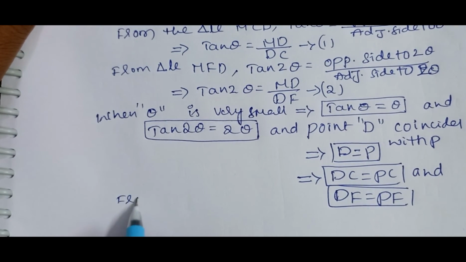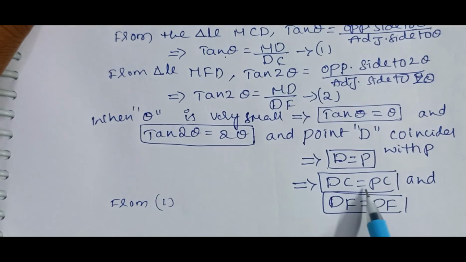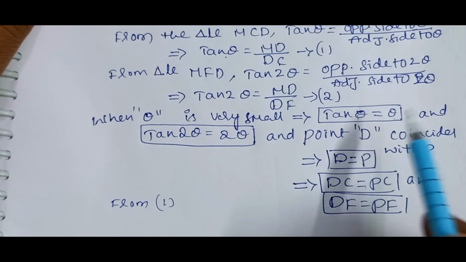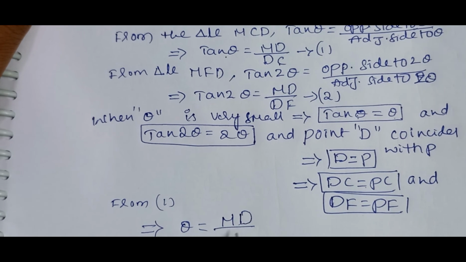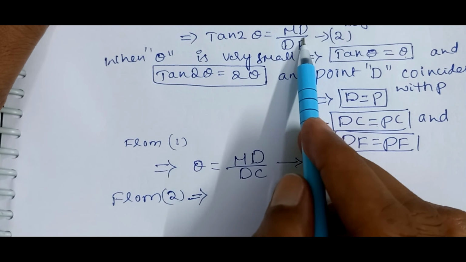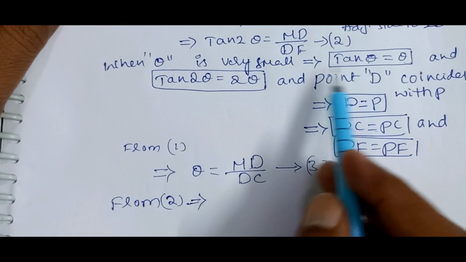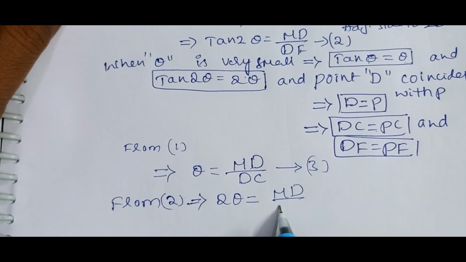So from equation 1, tan theta is MD by DC, and DC means PC. Instead of tan theta we can take theta, so theta equals MD by DC, equation number 3. From equation number 2, tan 2 theta equals MD by DF, but tan 2 theta is taken as 2 theta, so 2 theta equals MD by DF.